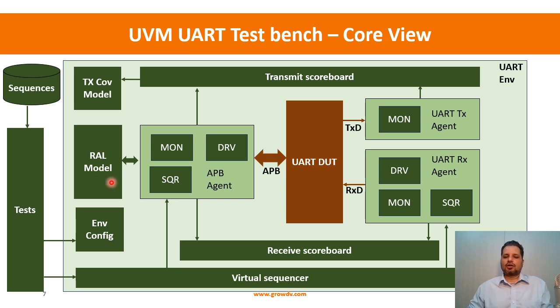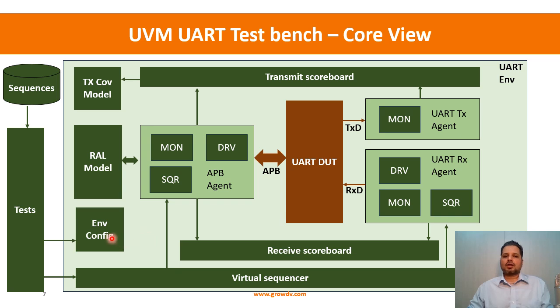At a very high level you do it, and then the RAL model will translate those accesses to the actual bus level transactions. Why we need to abstract that, and what benefits it provides, you will see in this session as we go further. So this is the overall view of the environment.